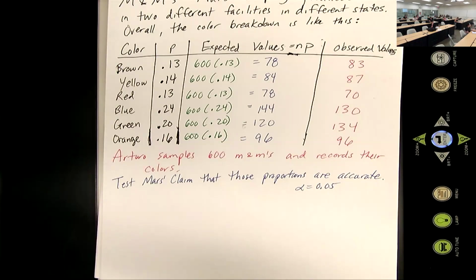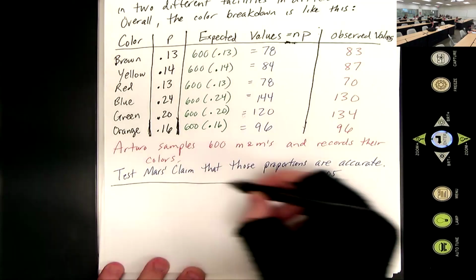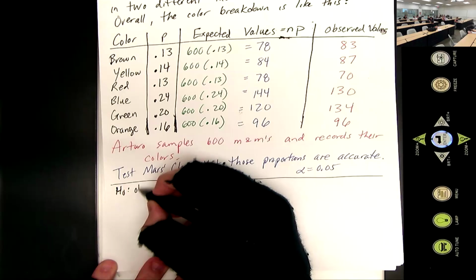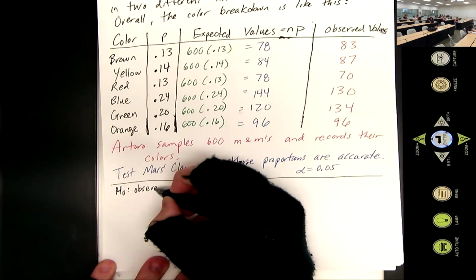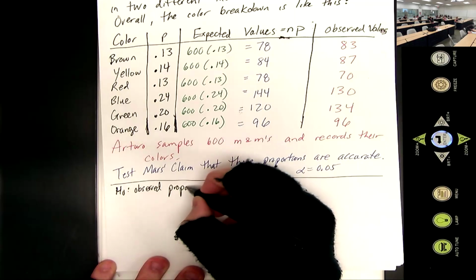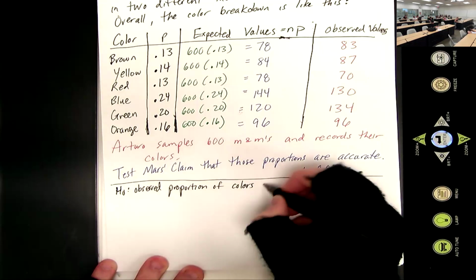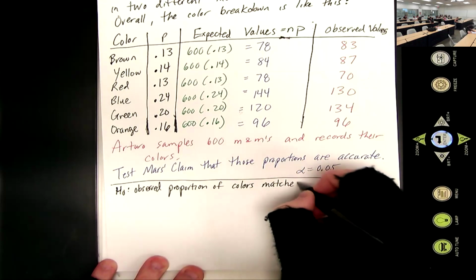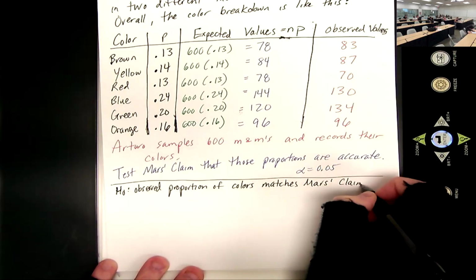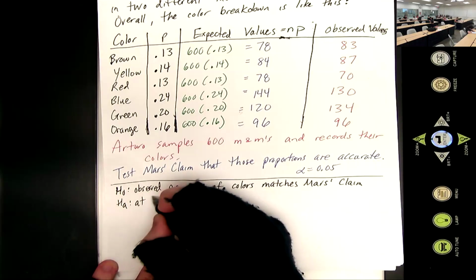We are doing a hypothesis test, so we've got 5 steps. How many I can fit on this page, I'm going to find out. H naught is the observed proportion of colors matches Mars's claim. And HA is at least one is different.